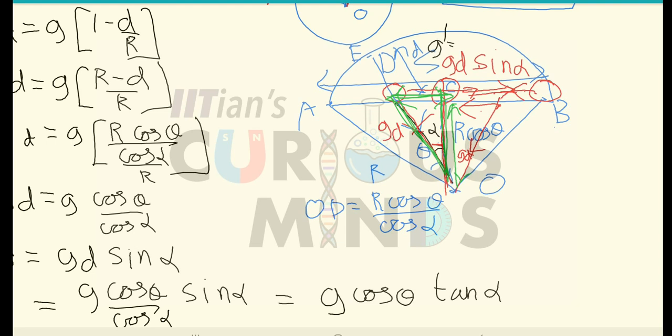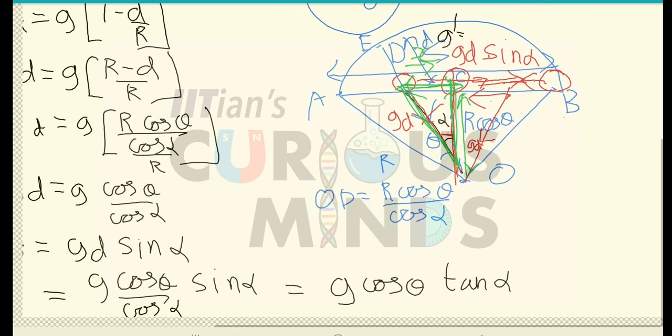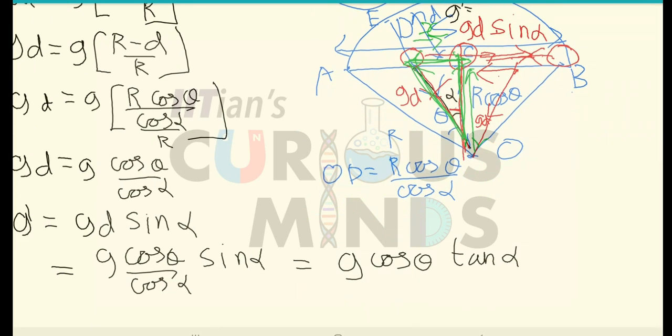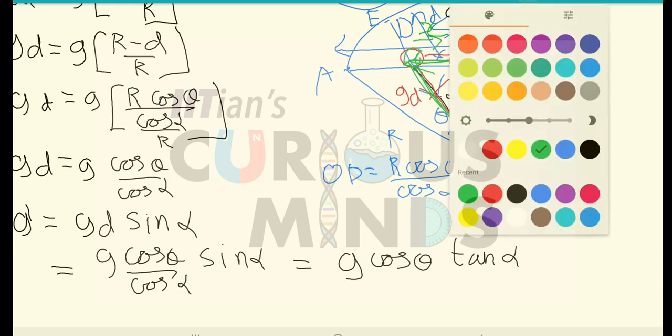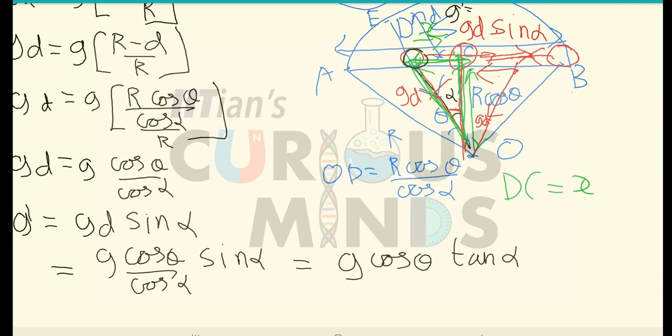Let it move by a small distance x with the same acceleration g dash. So over here I can say that if this distance, that is DC, is equal to x, D over here is this point, and this over here is C. DC over here is equal to x.